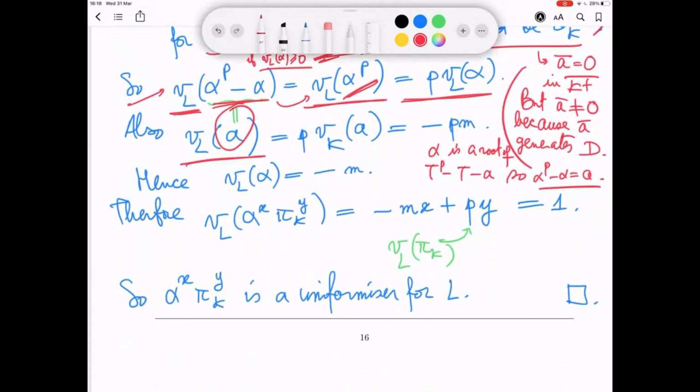On the other hand, VL of A is P, that's the ramification index.